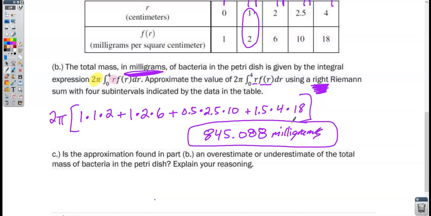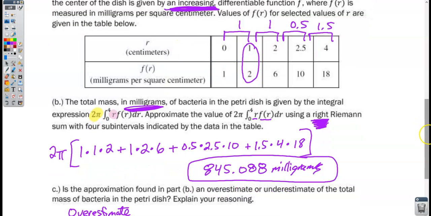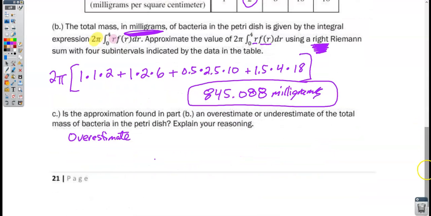Is the approximation found in part B an overestimate or underestimate of the total mass of the bacteria? It's an overestimate. We're told in the stem of the problem, and we can see from the table, that this is an increasing function, and we're using a right Riemann sum.